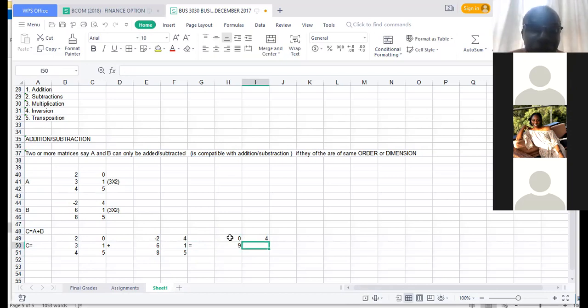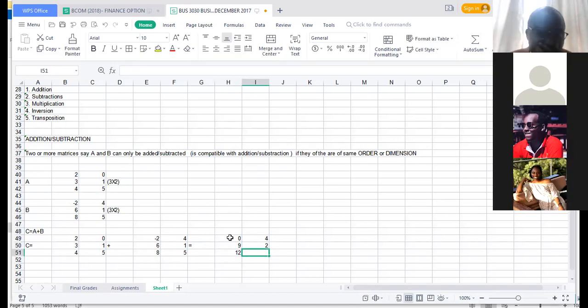Here? 2. Here? 12. Here? 10. That is A plus B. Remember, put this in square brackets, all these matrices. Of course, write them properly. This is Excel I'm using myself. So that is C.